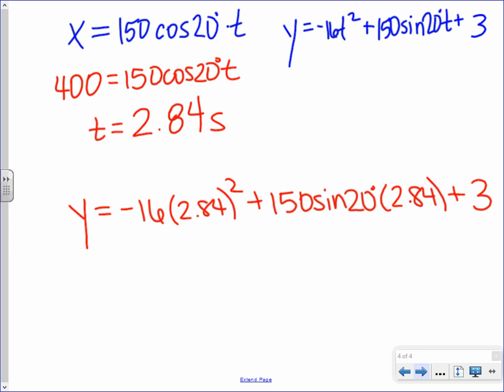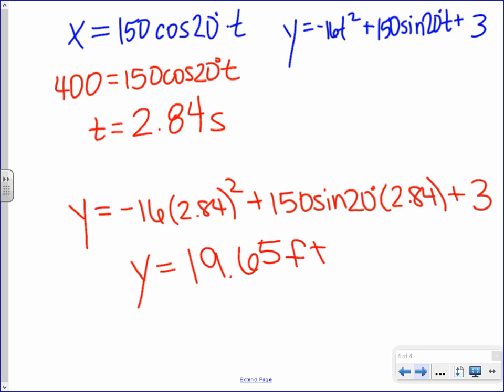What are we hoping for? We're hoping for more than 20 so it sails over the fence. What happens when you plug it in, Tim? What do we get? What's the height? 19.65 feet.